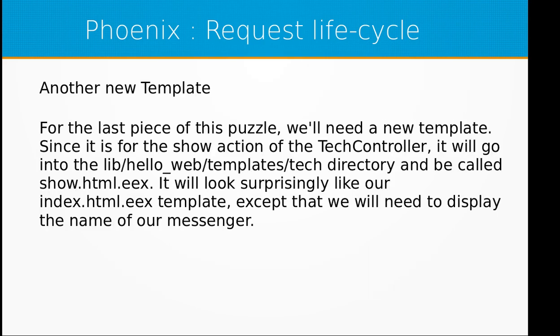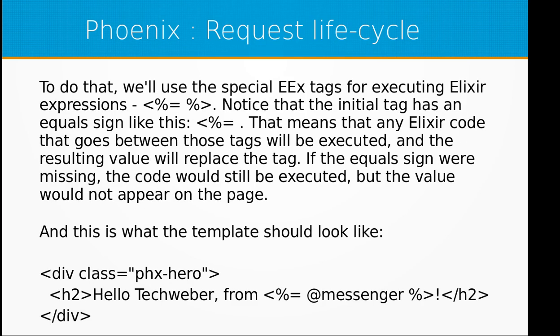Okay, let's create another template. For the last piece of this puzzle, we will need a new template. Since it is for the show action of the tech controller, it will go into the lib templates tech directory and be called show.html.eex. It will look surprisingly like our index.html.eex template, except that we will need to display the name of our messenger.